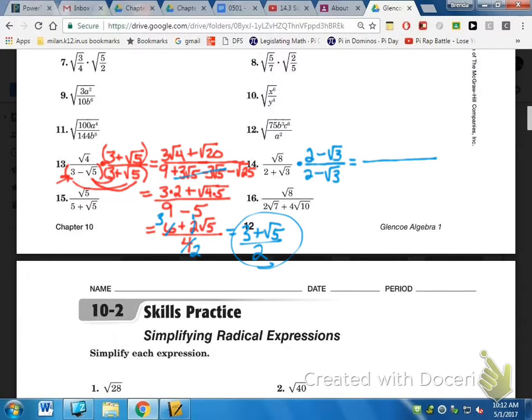Again, the top in this case is going to be just like a distributive. So 2 radical 8 minus radical 24. The bottom is a FOIL of these two.